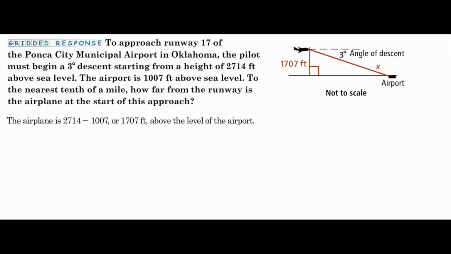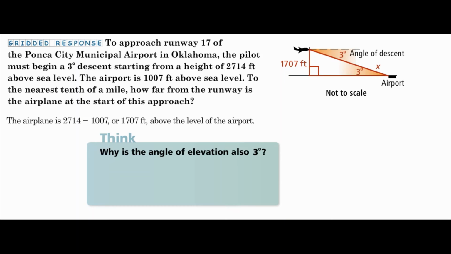X represents the distance between the runway and the airplane at the start of the descent. The angle of elevation is 3 degrees, which equals the angle of descent. Y is the angle of elevation, also 3 degrees.